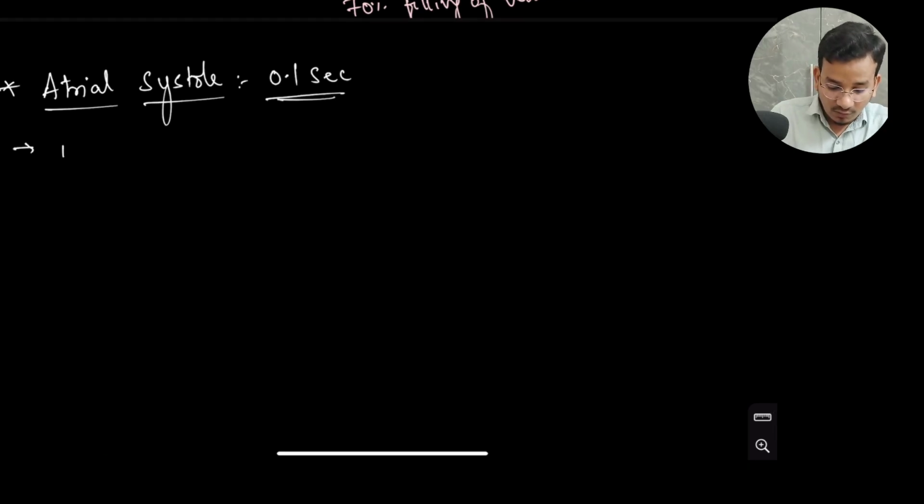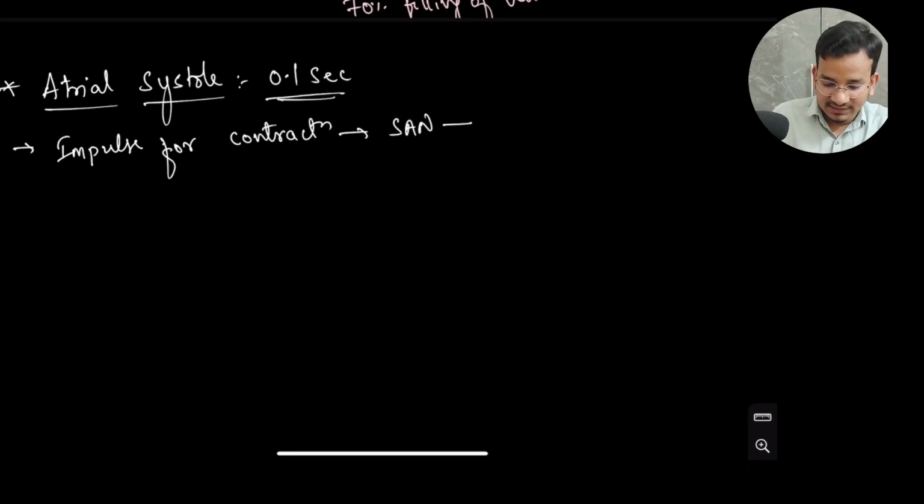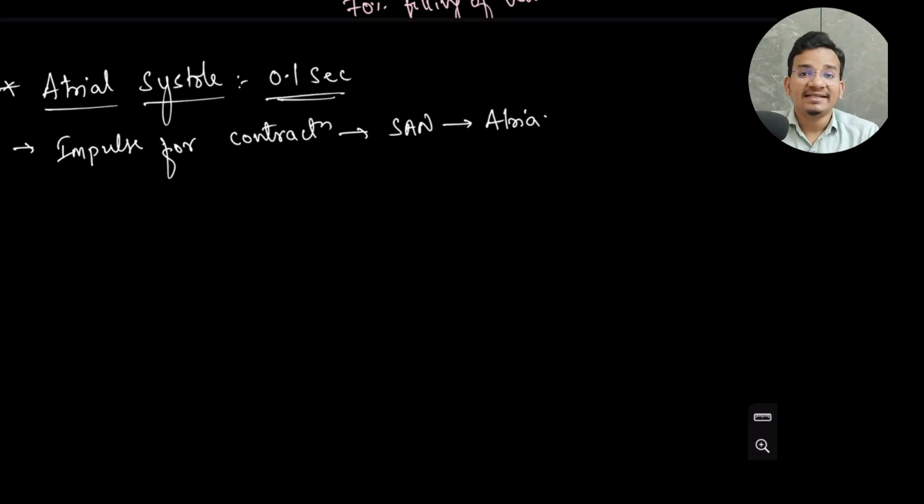The impulse for contraction generated by the SAN is reaching to the atrium. Now the SAN is generating the impulse for the contraction. You have seen that whenever the SAN generates an impulse for contraction, first this impulse reaches the AV node along with both the atria.